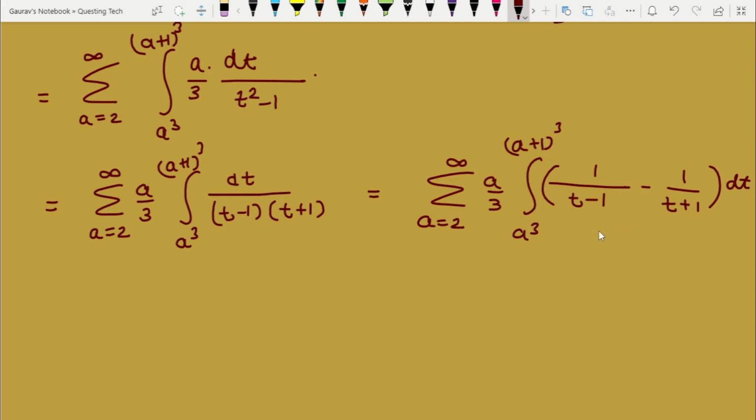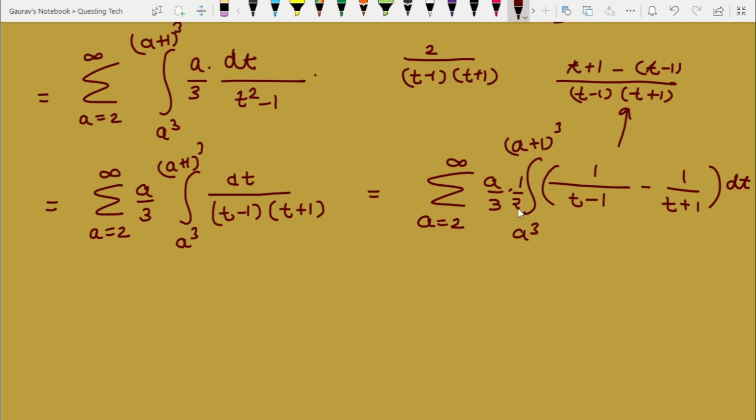No, we cannot write this, because this is going to be t minus 1, t plus 1, and here comes t plus 1 minus of t minus 1. So t cancels out, minus 1 plus 1, so this is going to be 2 divided by t minus 1 and t plus 1. And what we have is 1 divided by t minus 1 t plus 1. So we have to multiply this whole thing by 1 by 2. And can we draw this 1 by 2 outside this integral for simplicity? Yes, we can. Okay.